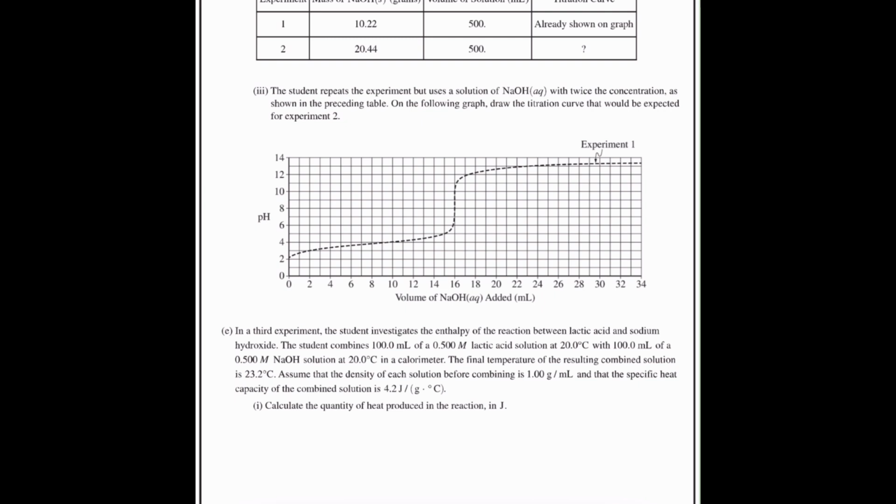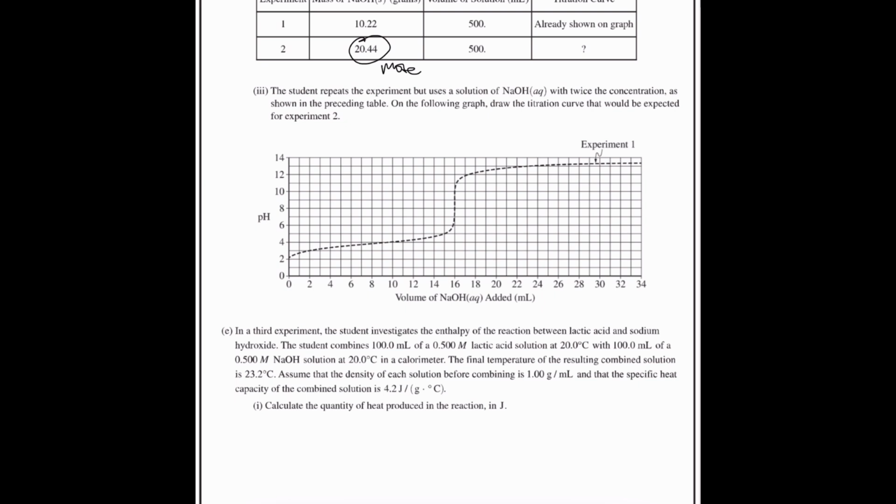So we have to do the MC delta T. Delta T is 23.2 minus 20. We have the C, and the mass is... what am I writing? Oh, I skipped that question.